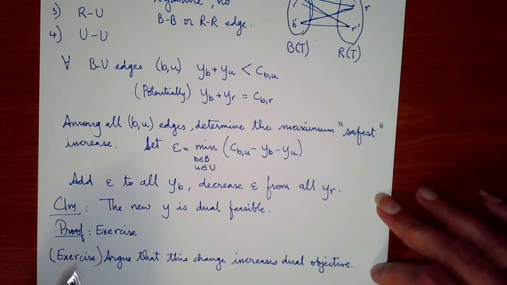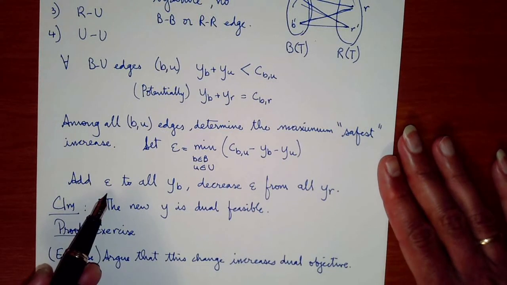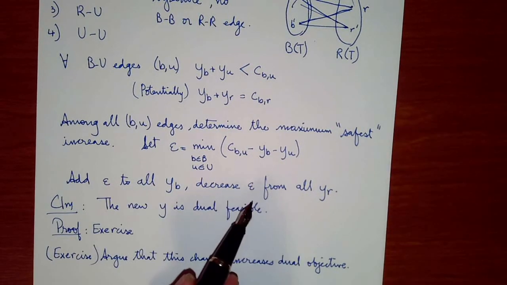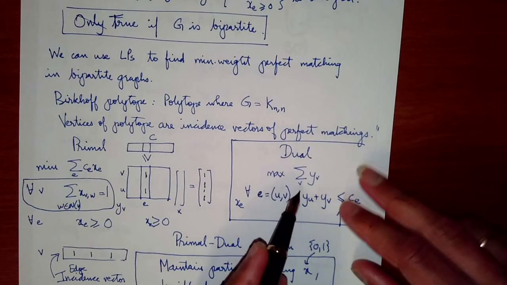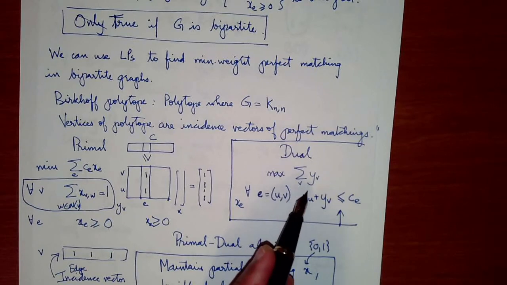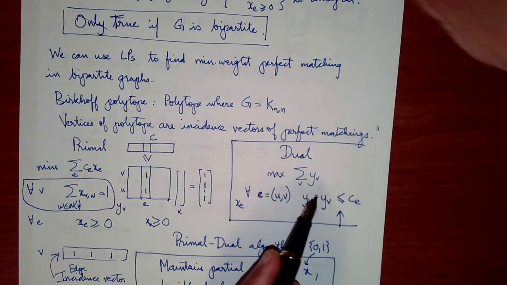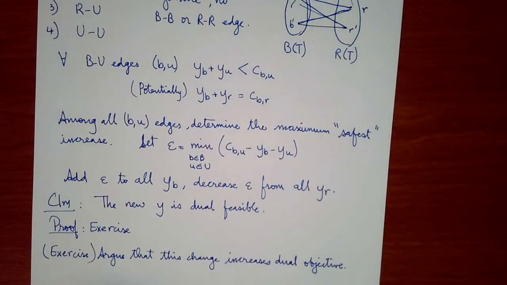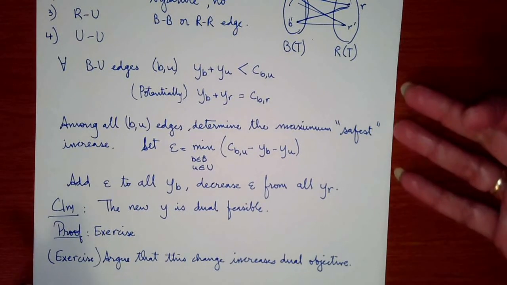If you think about it, it'll be clear, because note that you're increasing some of the dual variables and decreasing some of the other dual variables. So it's not clear that your overall dual objective, which was just to maximize the sum, is going to increase. You need to argue that. But that aside, that's not important for our proof. That's just an exercise to get some understanding.